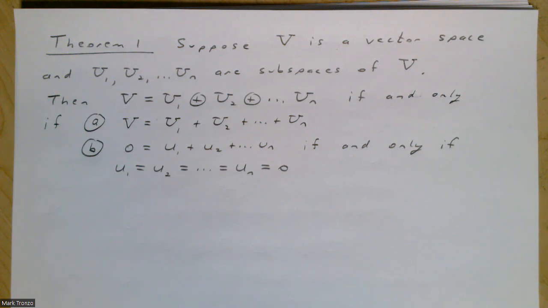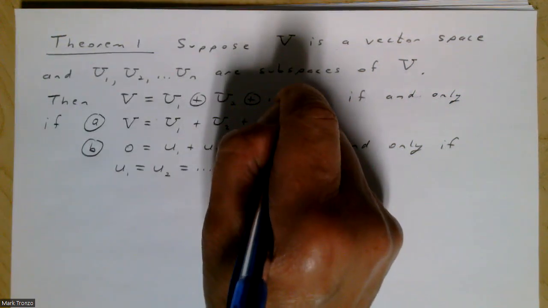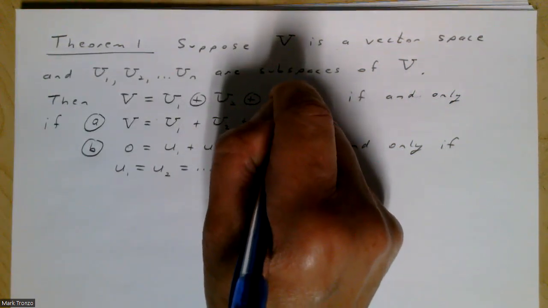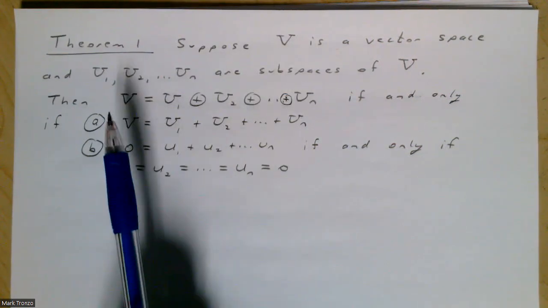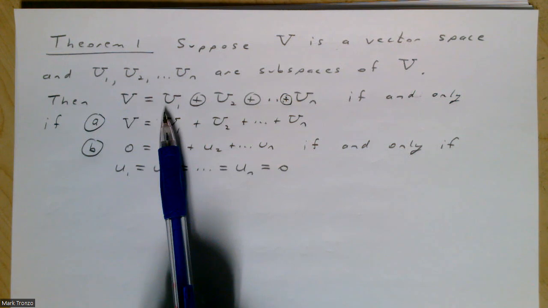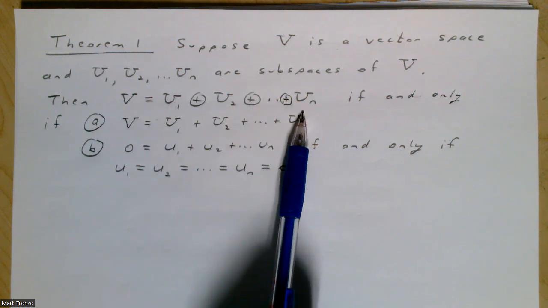So this is a handy way to determine that you have a direct sum, because trying to show something as a direct sum is very difficult, because you would have to show that every vector v can be represented uniquely as a sum of vectors from each of these.